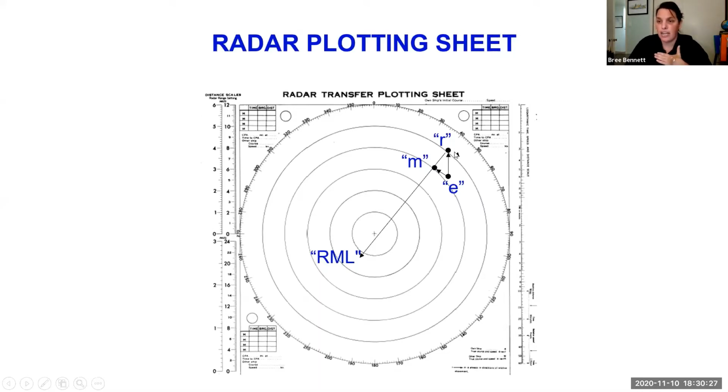That is my vector, my own ship, E to R. So however fast I'm going and whatever my course is. Then I can connect E to M, them. E to M is them. And there I get what their course and speed is. So then I can identify what kind of situation we're in.